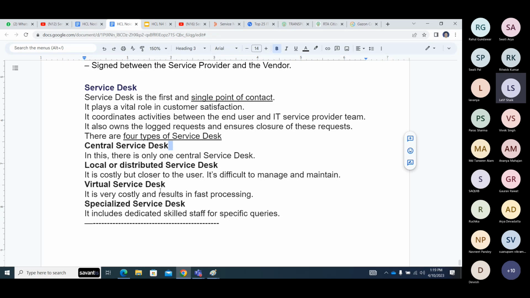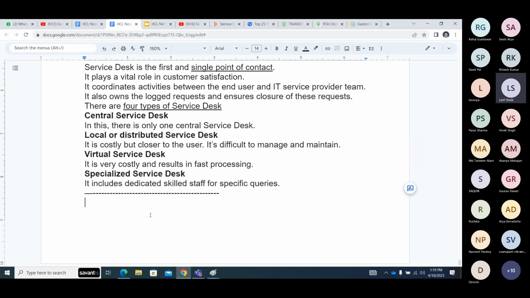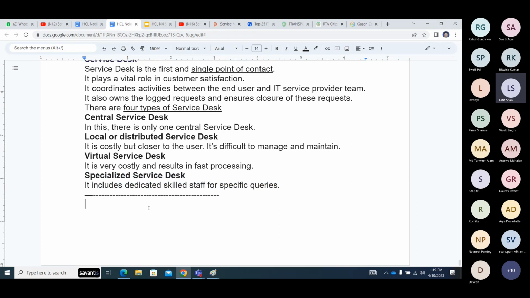Specialized service desk includes dedicated skilled staff for specific queries: we have a specific type of people to answer specific types of queries from customers.